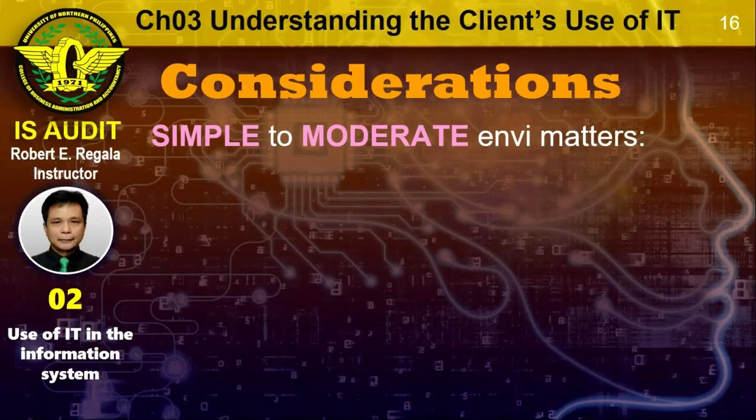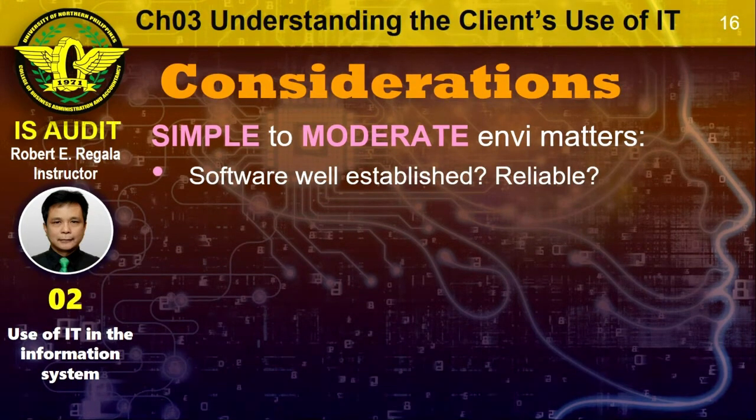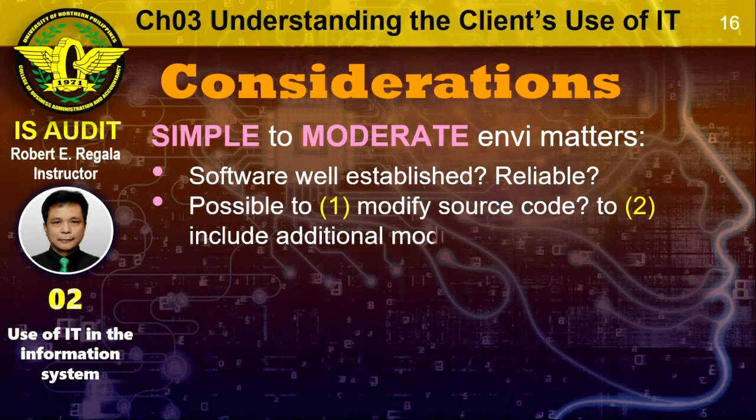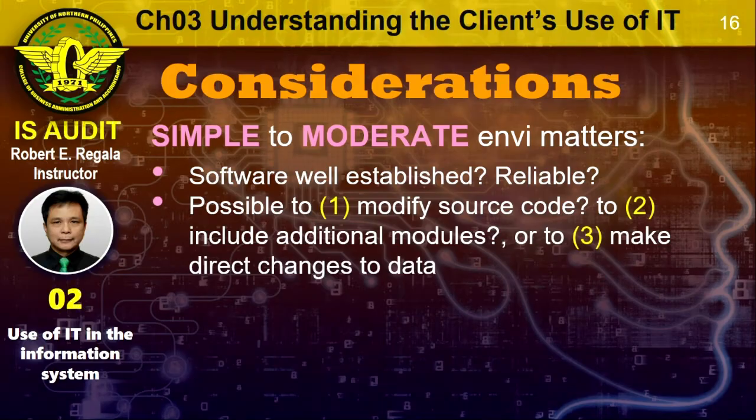Specific matters that the auditor may consider in understanding the nature of a commercial accounting software package, which may be the single IT application used by a less complex entity in its information system, may include the extent to which the software is well established and has a reputation for reliability, the extent to which it is possible for the entity to modify the source code of the software to include additional modules or add-ons to the base software, or to make direct changes to data.